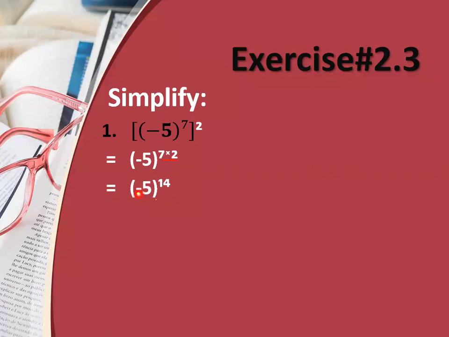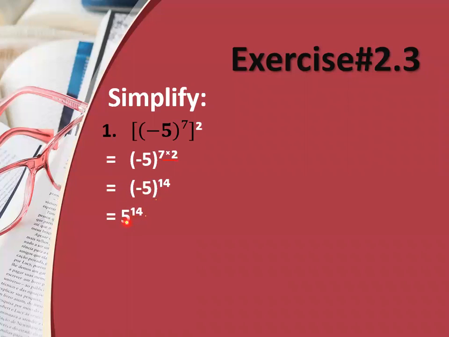Now, as you can see here, your base is -5, and your exponent is an even number. And all of you know that if your base is negative and exponent is an even number, so your answer will be positive. Your answer will be positive. So you will simply further solve it just like this.